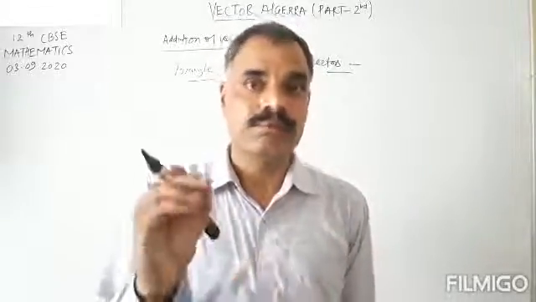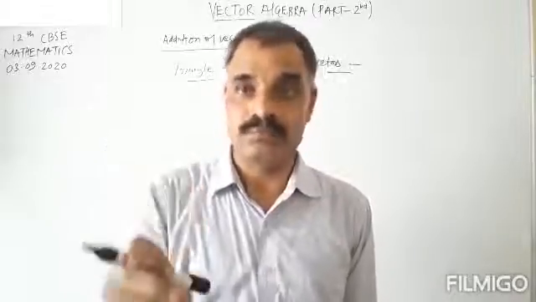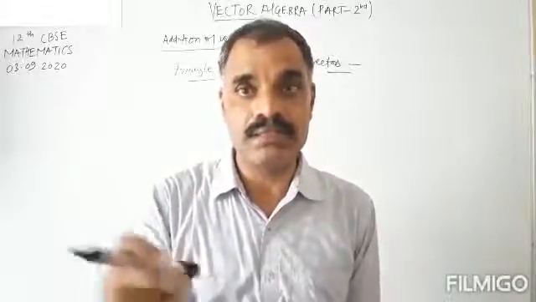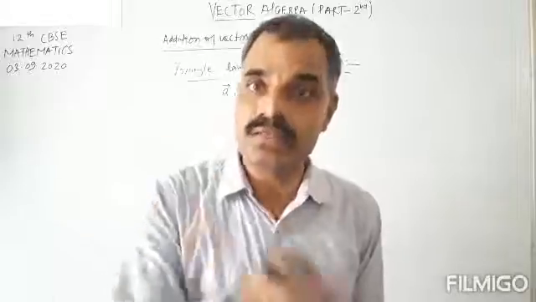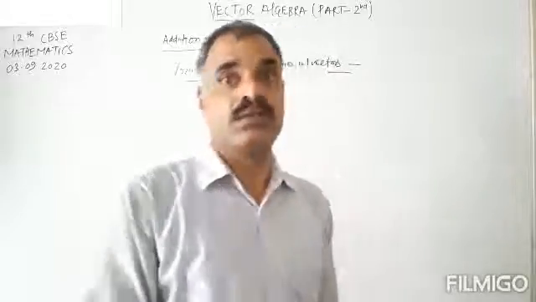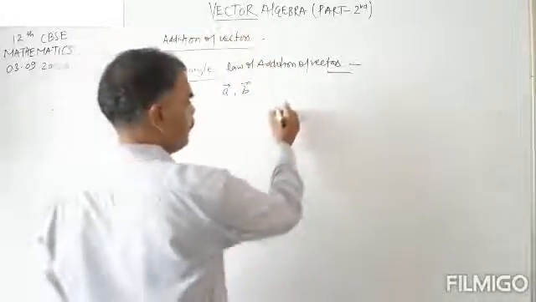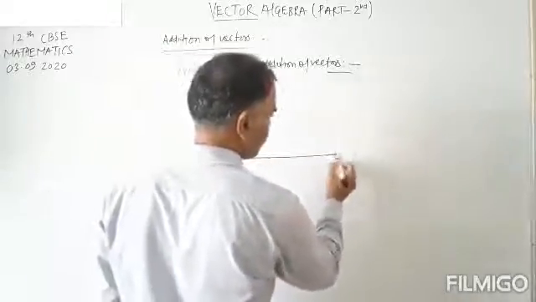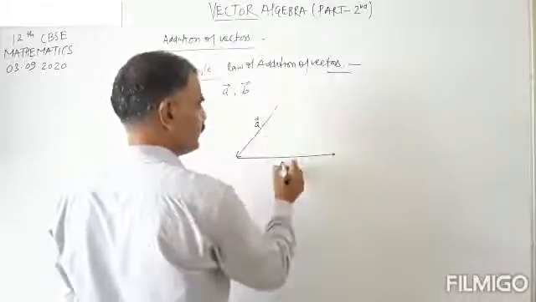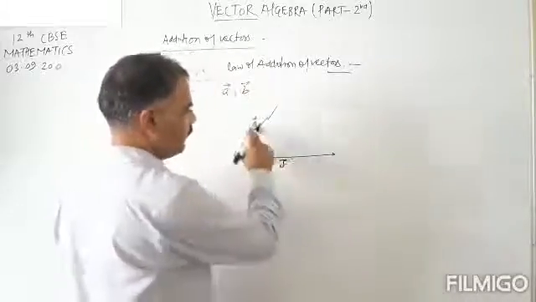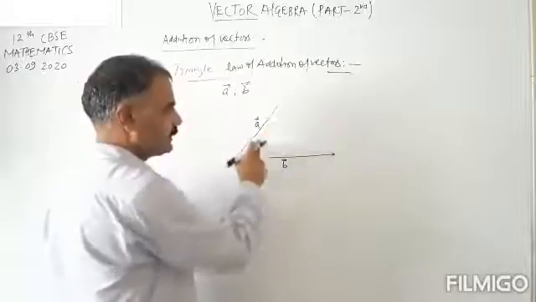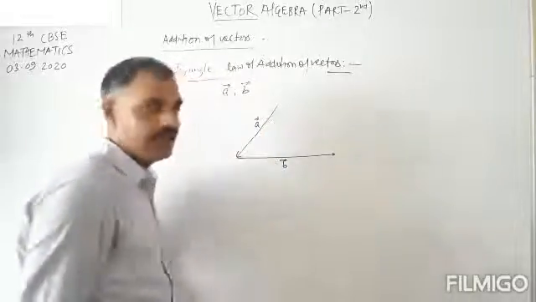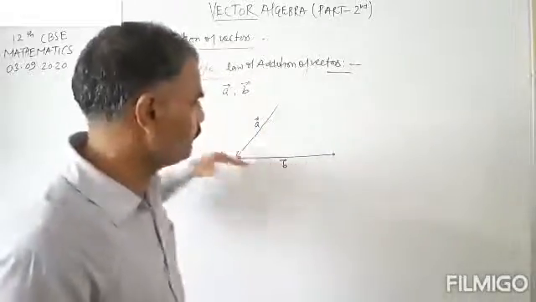So if A vector is this vector and B vector is this, A vector and B vector are representing this side and this side of the triangle in the same order, in the same direction.